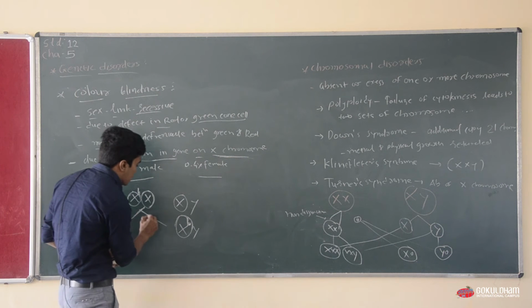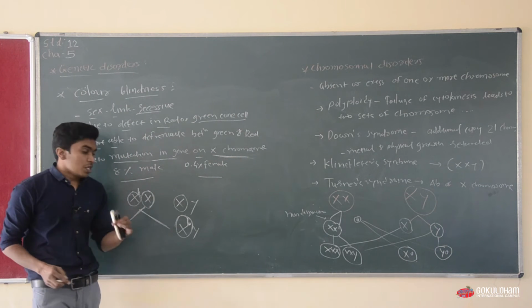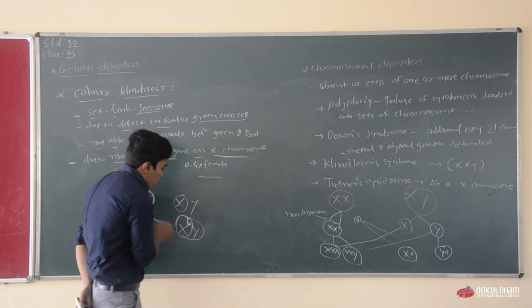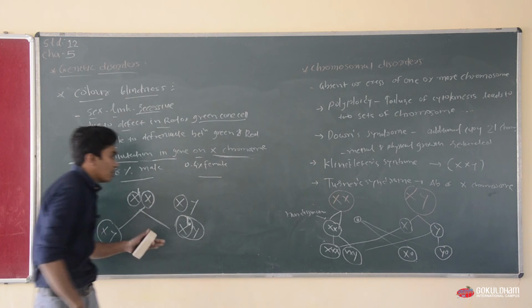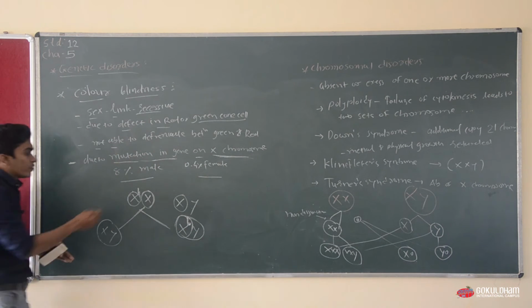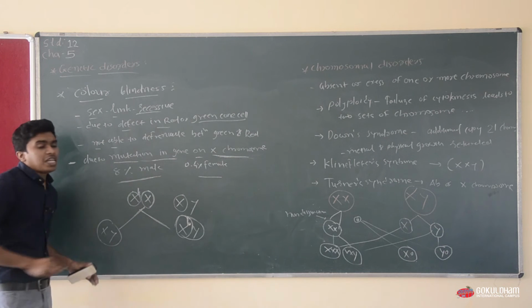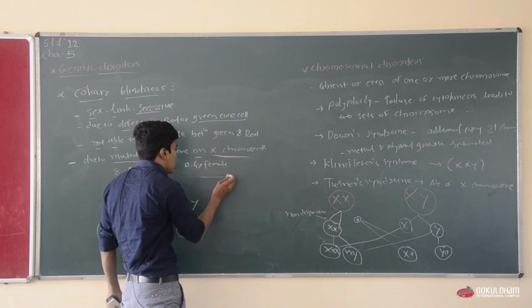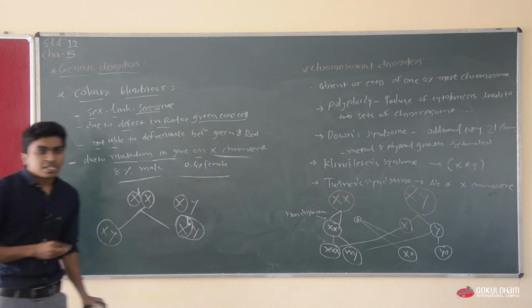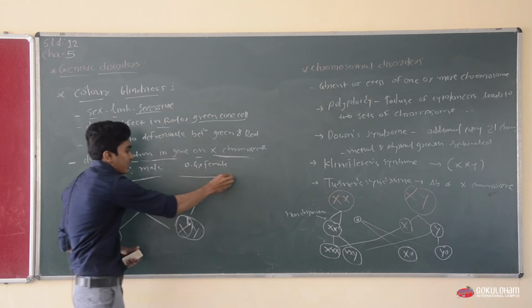So there is a 50% chance for the male to show the effect of the particular disease. In color blindness, we can also see here that 8% of males have color blindness, and only 0.4% of females are color blind.